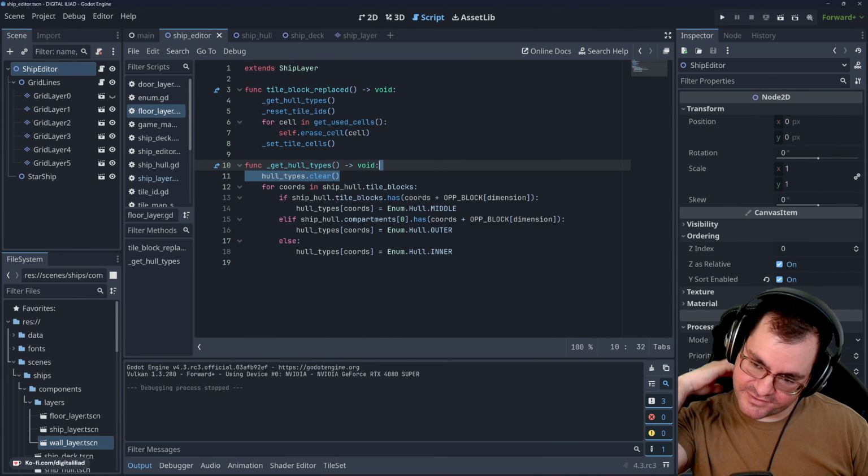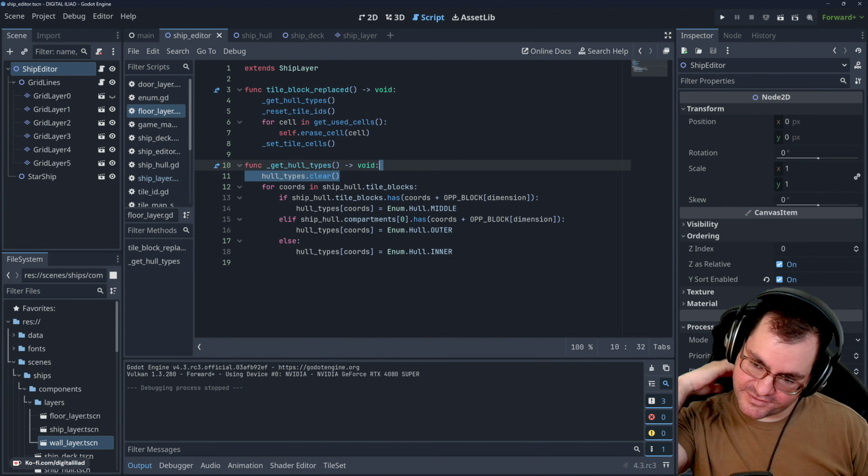What am I doing? I remember. We're dealing with get atlas coords. So our problem is we're not actually looking at our Z very much. We're not looking at ourselves.